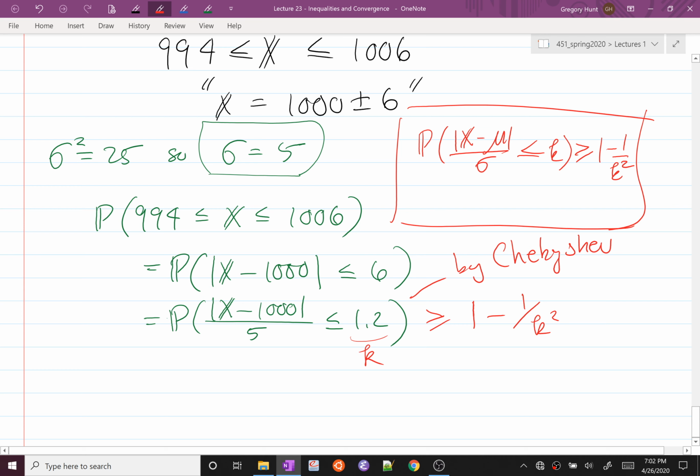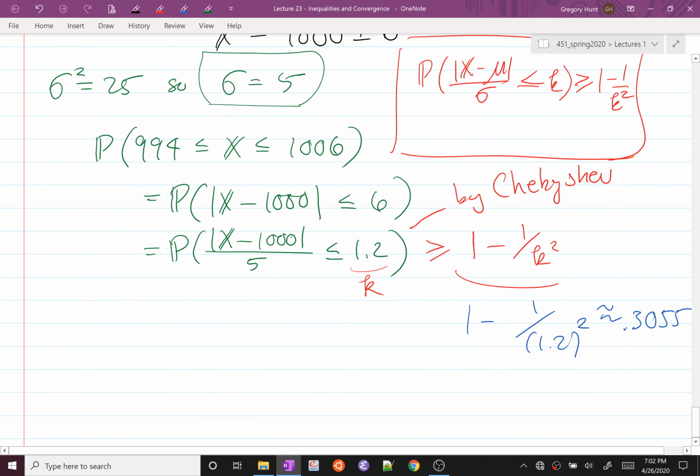So we got it into this form, and in this case k is 1.2, and so if we plug in 1.2, we get 1 minus 1 over 1.2 squared, which is approximately 0.3055 or something like that. So this tells us that the probability I'm within my tolerance, say of 6 nails, is at least 30%. And the probability I've done my thing is at least 30%.